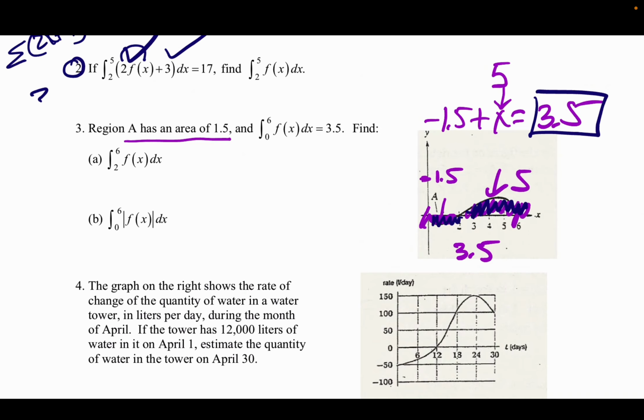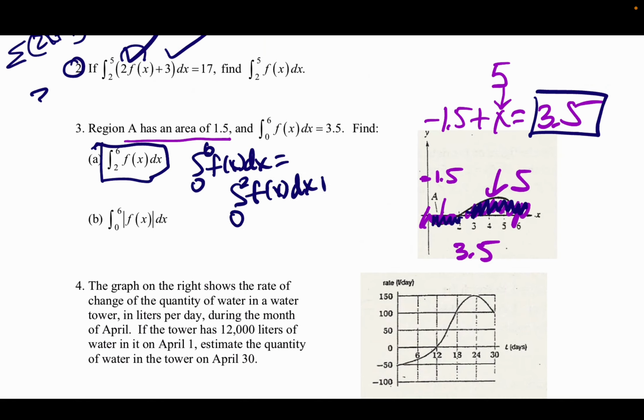All right, so to set this up, to actually show my work, I would say the integral from 0 to 6 of f of x dx is equal to the integral from 0 to 2 of f of x dx plus the integral from 2 to 6 of f of x dx. And then I know 0 to 2, they gave me, is 1.5.